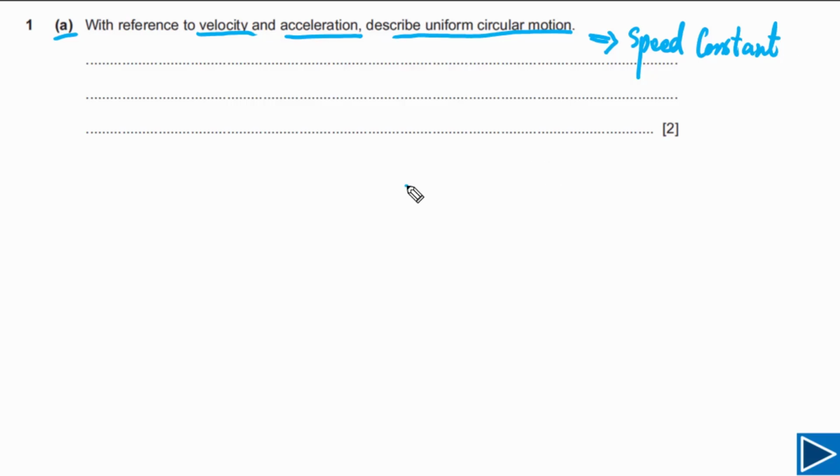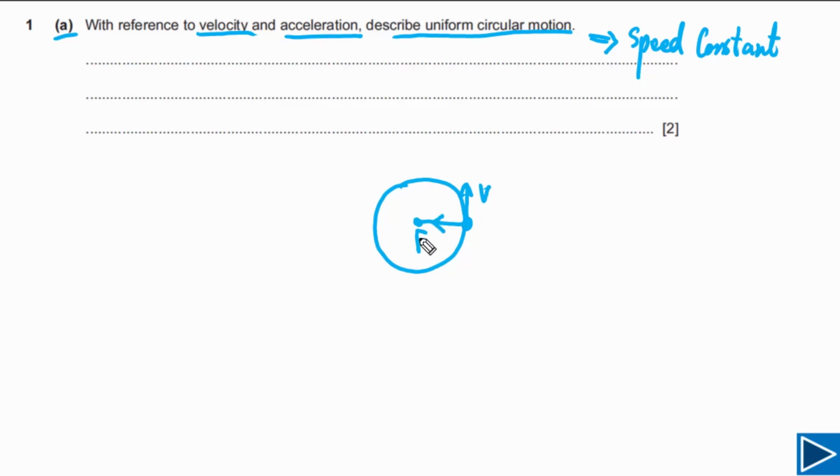Now let's understand this with the help of velocity and acceleration. Let's say this is our circle and there is a body doing circular motion, and the velocity of this body is v. As the speed of this body is constant, it has no angular acceleration and no linear or tangential acceleration. So the resultant force in this case has to be pointing towards the center.